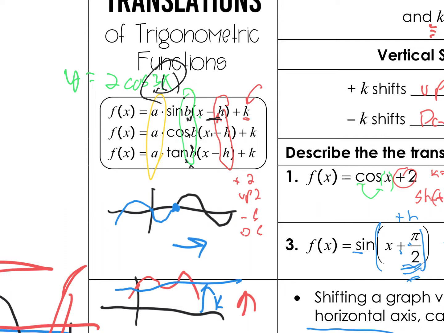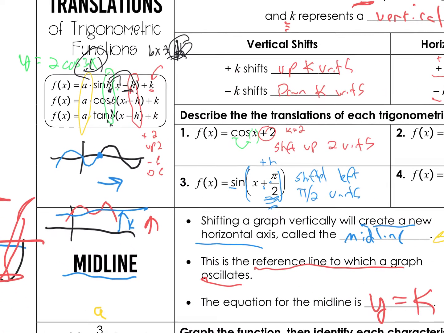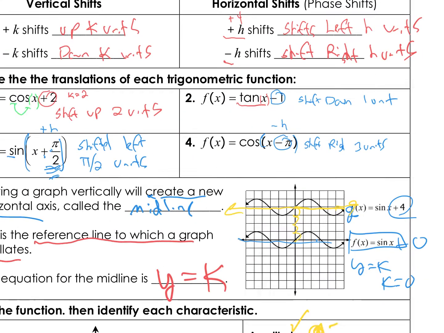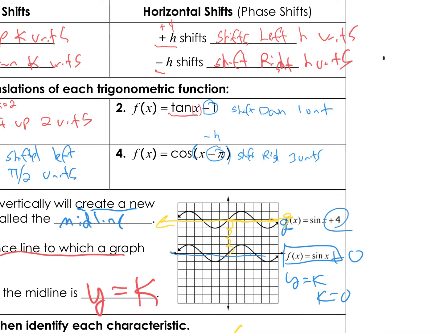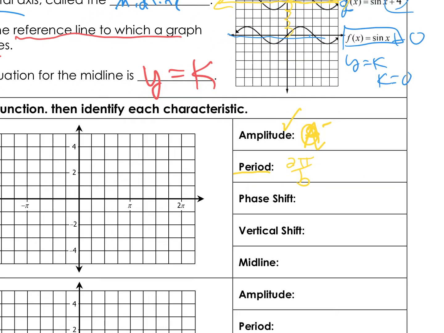If you didn't, you would have to distribute the b with both of those pieces, and you'd have a bx plus or minus a bk. And so that makes it harder to understand, not bk, bh. That makes it harder to understand what the horizontal change was. So it's just better to think of the b as being out. I wish somebody would have taught me that when I was younger. So 2 pi divided by b.